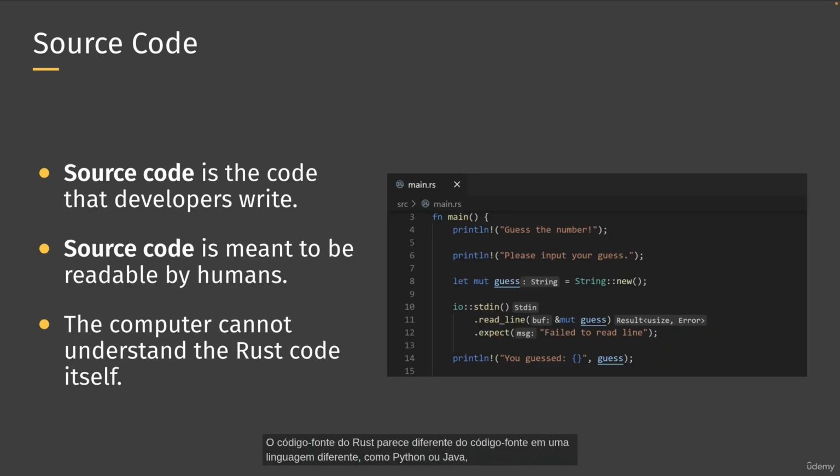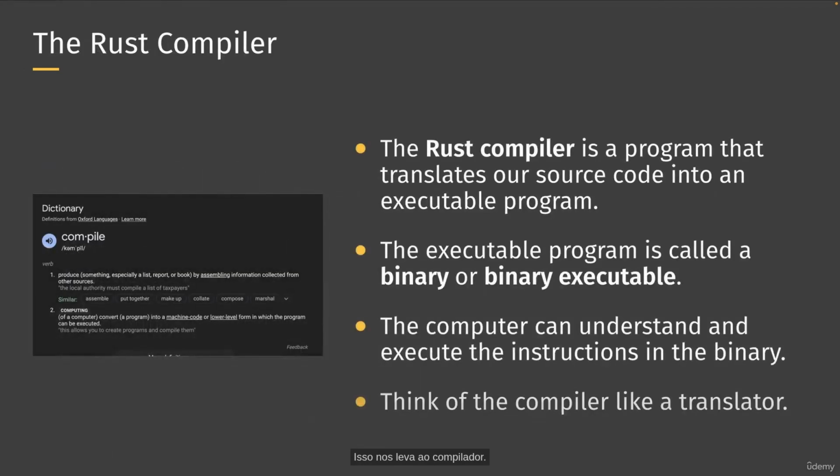Rust source code looks different from source code in a different language, like Python or Java, but it's all source code at the end of the day. It is code that is meant to be readable by humans, by developers. The problem is that the computer cannot understand the Rust source code itself. So that brings us to the compiler.